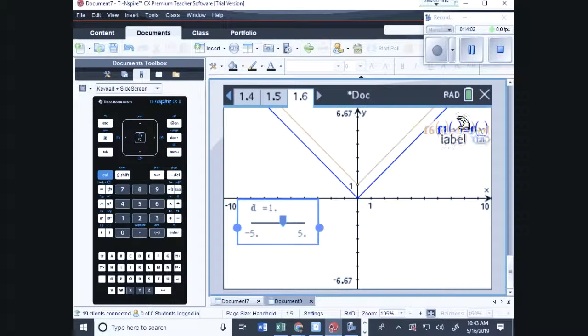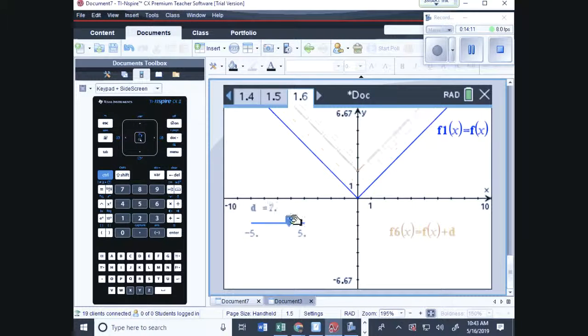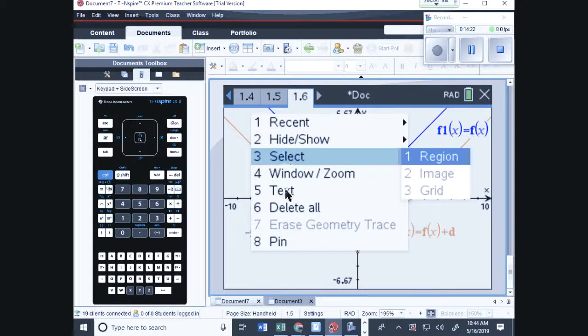Notice that it came out in orange. Notice what happened: if I add something to the function, and it's positive, the graph is moving up. And if I subtract something from the function, the graph is moving downward. So that is our vertical translation.